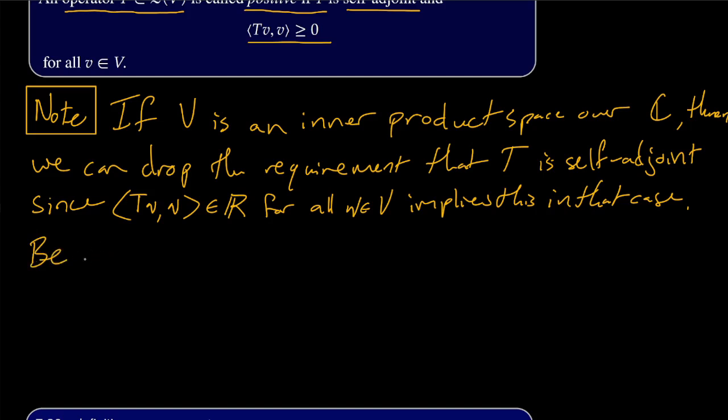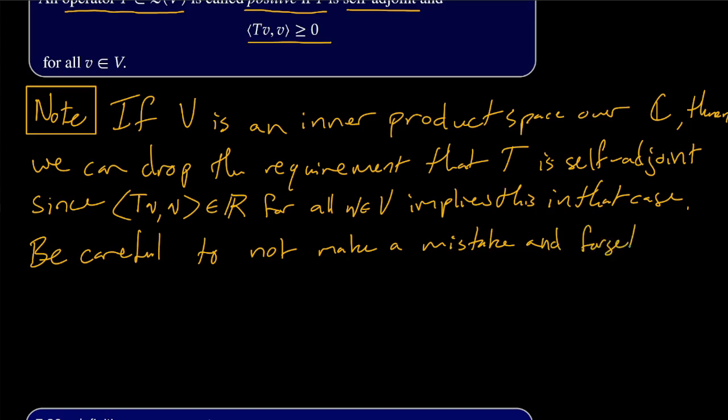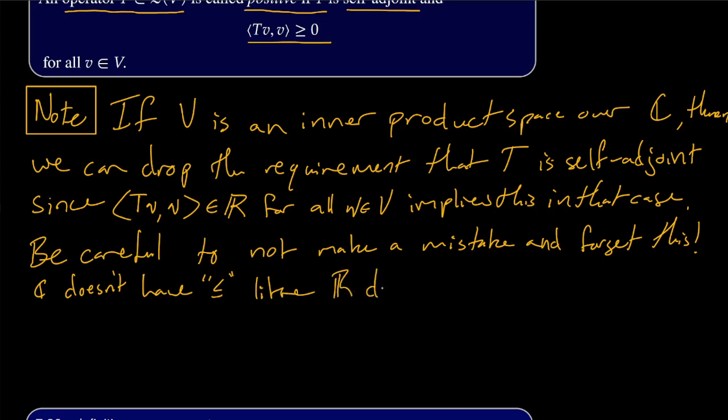of the following reason. So be careful to not make a mistake and forget this. That is, C doesn't have a less than or equal to like R does.